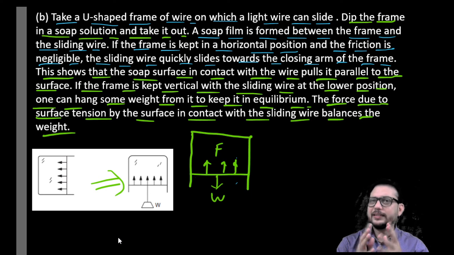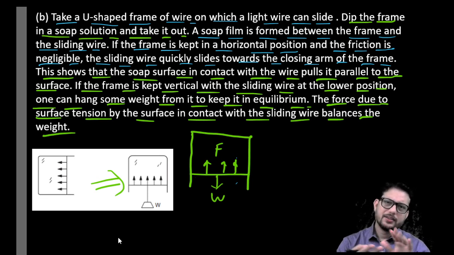Now there are several examples you can take here: the example of a paintbrush, the example of mosquitoes residing on water, and the example of when we throw some kerosene oil on the water, it will float on the surface.